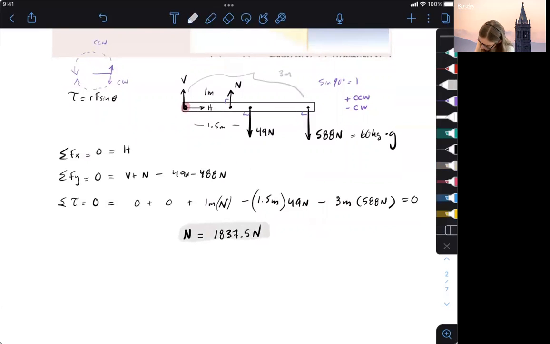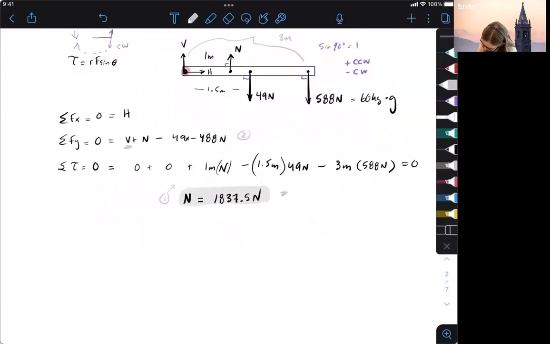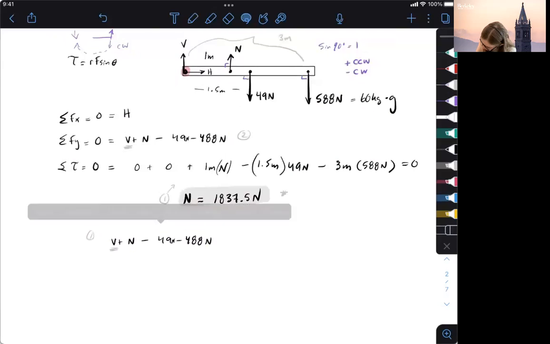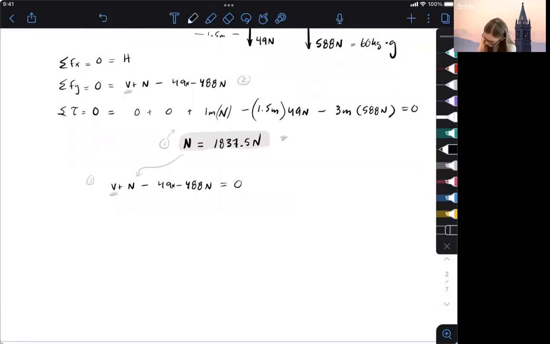So that would be our normal force. We also don't know our V force here, but now that we found our normal force, all we need to do is plug it back into that equation up there. We know that the sum is equal to 0, because we're dealing with statics, so everything's going to be balanced.